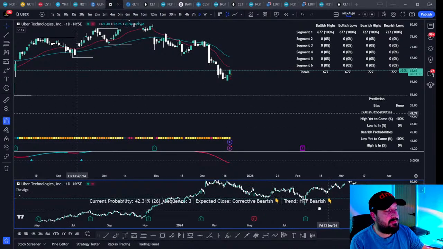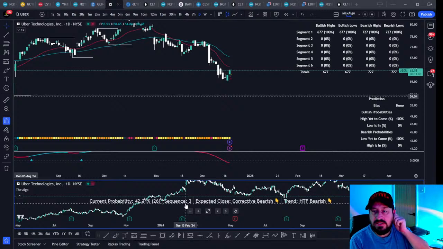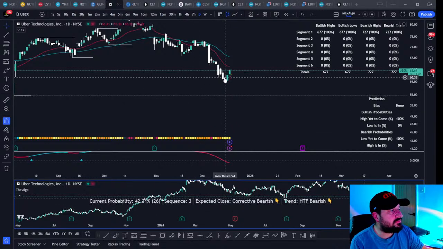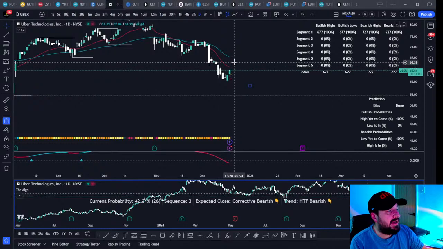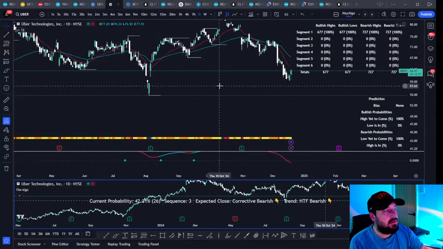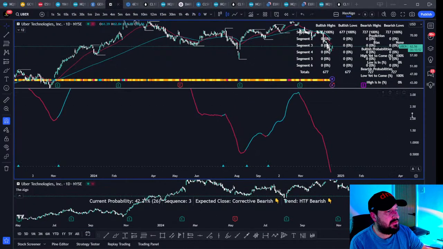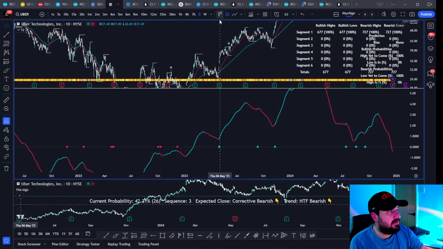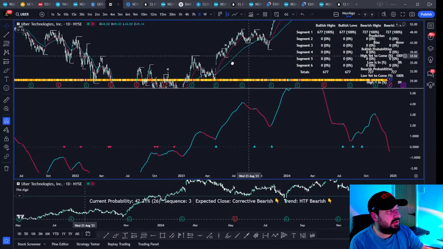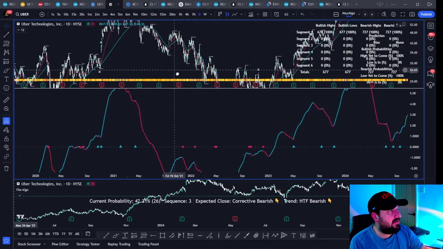We're corrective bearish on the daily as well. So 1, 2, 3. So pull back, and then we might see that switch back bearish again. But the last time that we did this on the daily was a long time ago. Here's the crossover, right? And we go bullish. There's the last time we crossed under.